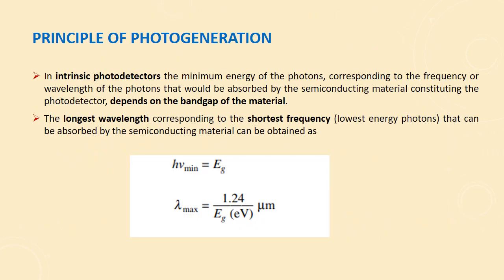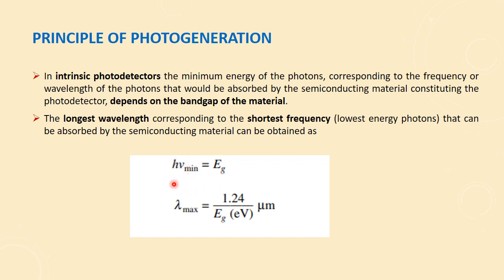So this is about the principle of photo generation. In an intrinsic photodetector, the minimum energy of the photons, corresponding to the frequency or wavelength, that can be absorbed by the semiconducting material constituting the photodetector depends upon the band gap value of the material, as we discussed in the previous slide. Here we can find the longest wavelength, which corresponds to the shortest frequency, or the lowest energy photons, that can be absorbed by the semiconducting material.